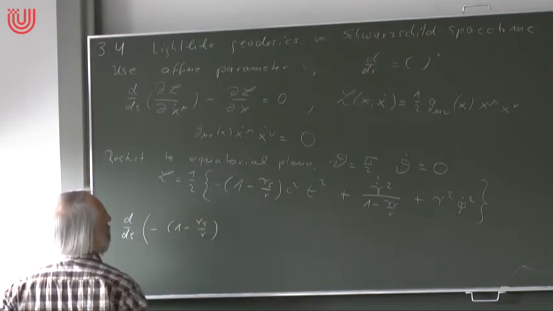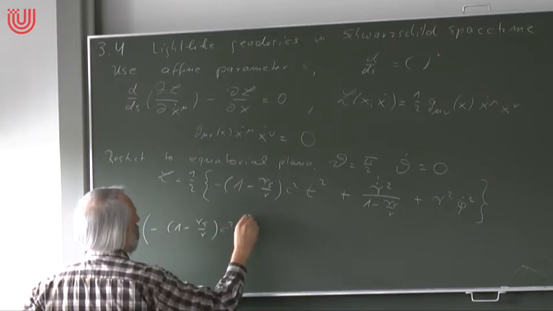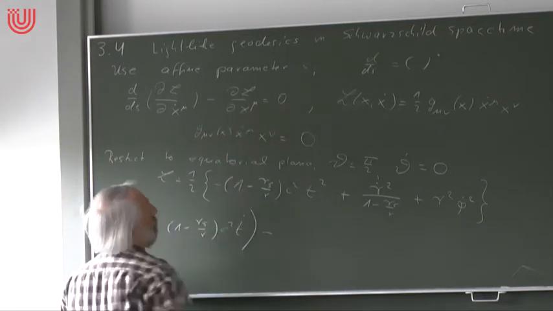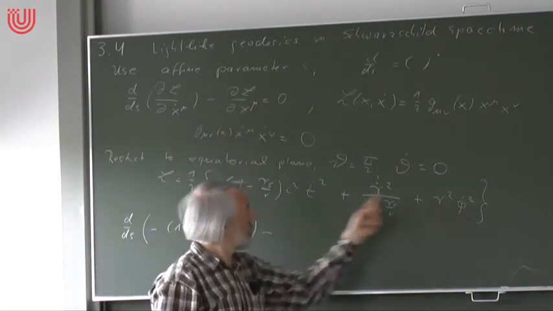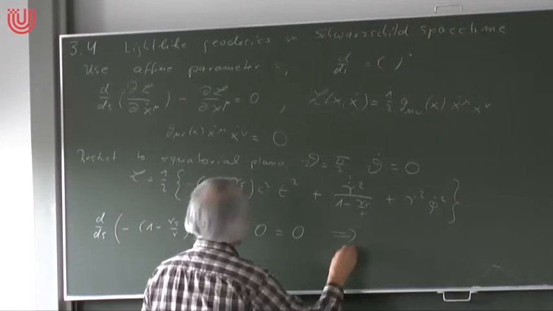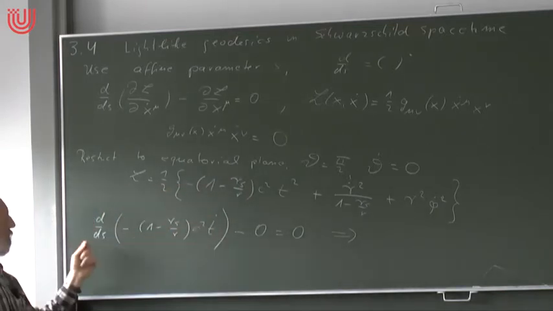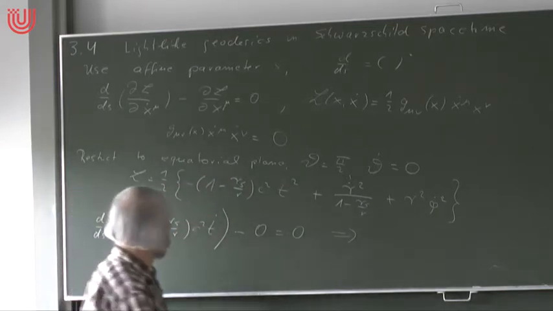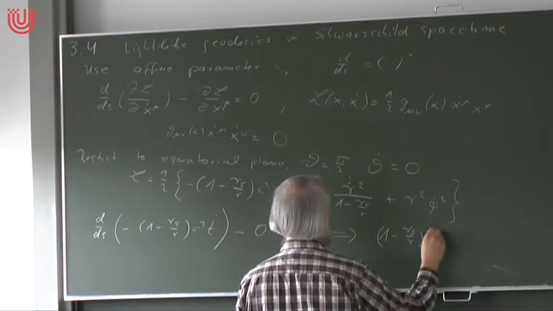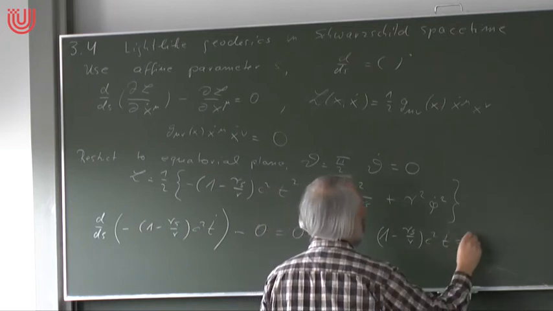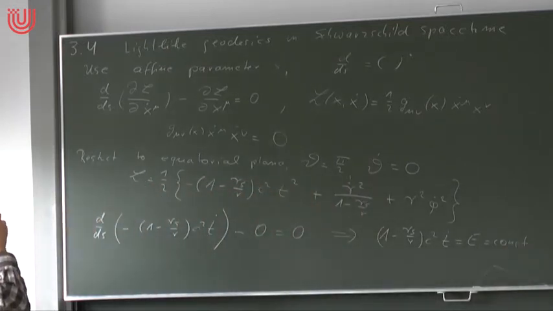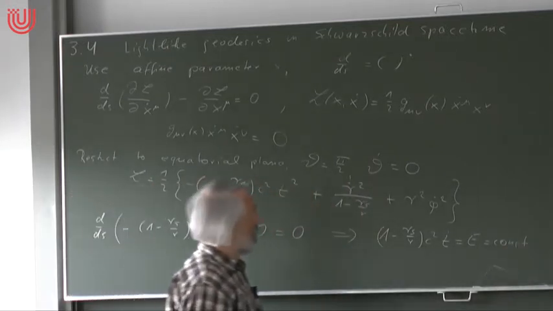Minus (1 minus r_s over r) c squared t dot, minus the partial derivative with respect to t, there is no t. So it means minus 0, it's 0. And this implies that the thing in the bracket is a constant of motion. Its derivative is 0. So it implies that the quantity (1 minus r_s over r) c squared t dot is a constant of motion, and that's what we denote E, as in the case of the time-like geodesics.